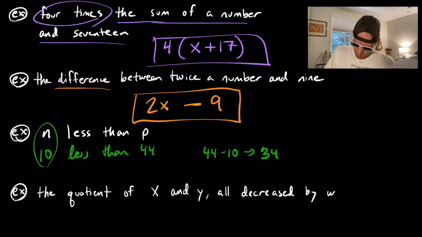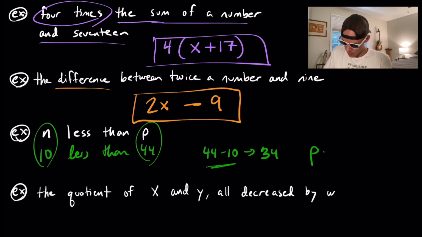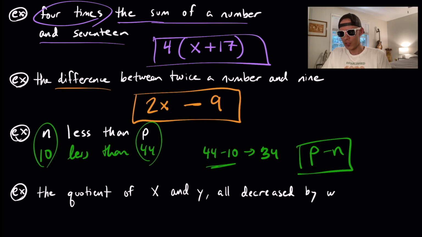So if I group these variables with the numbers I used for this example and replace them over here, I would then have P minus N. So substituting numbers in for your variables if you're not quite sure what they mean is a good way to check and see if your thought process is right.